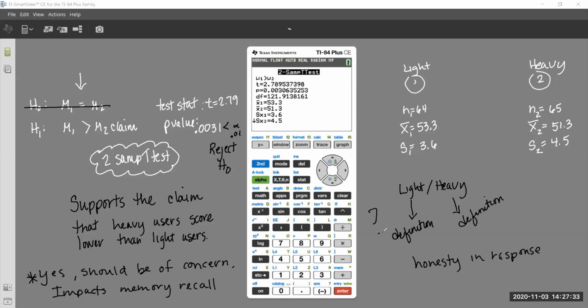Obviously this would probably be a little challenging to do for your project. I did have a group that for their project wanted to give people a math test before they drank alcohol, had them drink, and then gave them a math test to see if it made a difference in how they did. So they did something kind of similar. They checked with me first and we made sure everybody was 21 or older.